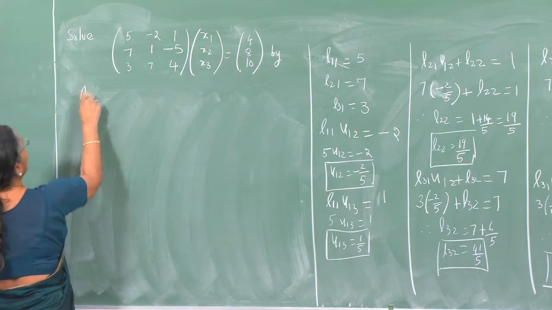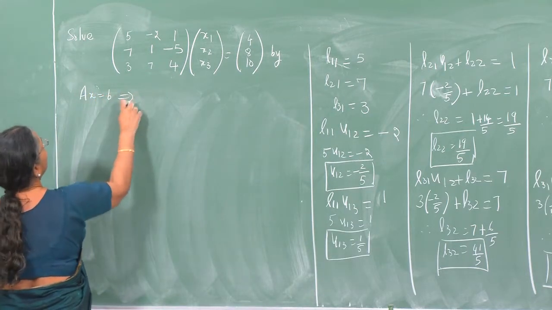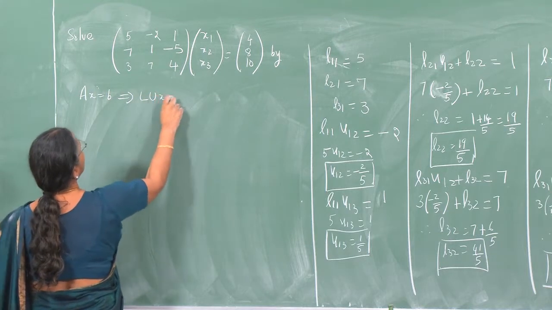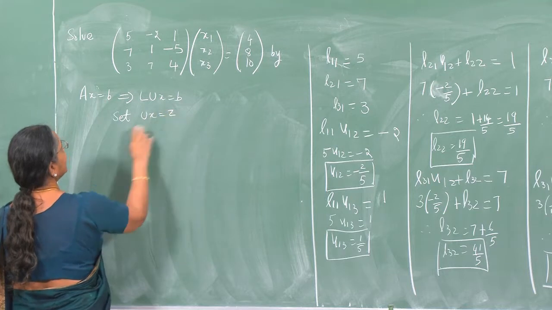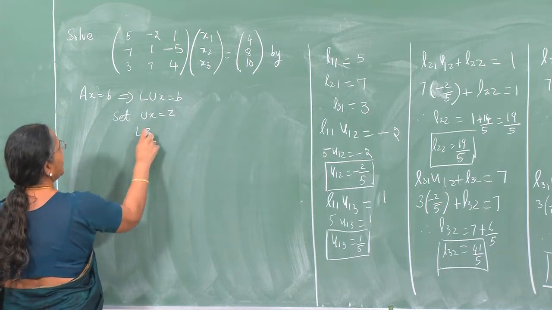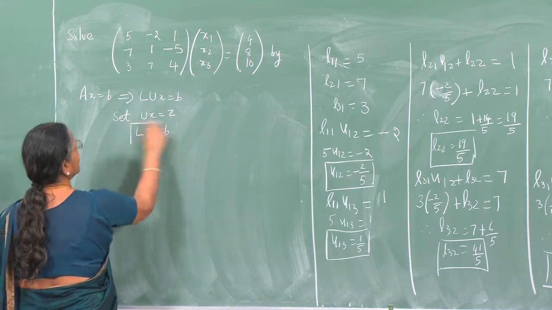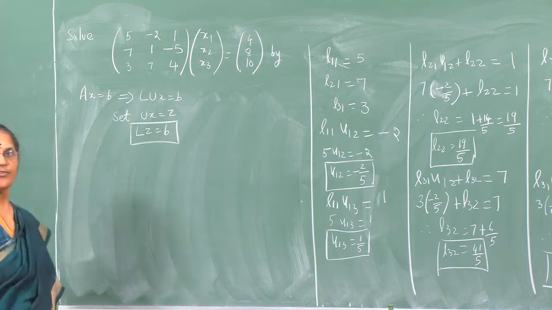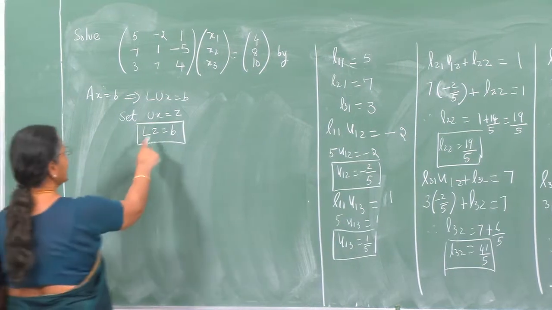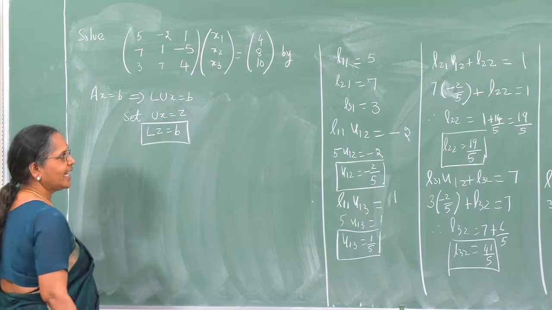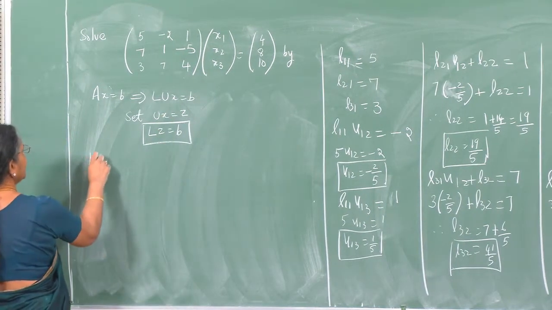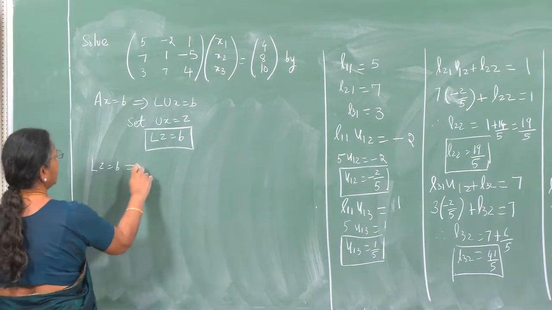So, the system Ax equal to B will now become LUx equal to B, and we set Ux as Z and that will give you Lz equal to B. So, I first have to solve for the unknown vector Z and then substitute here to get the unknown vector x.